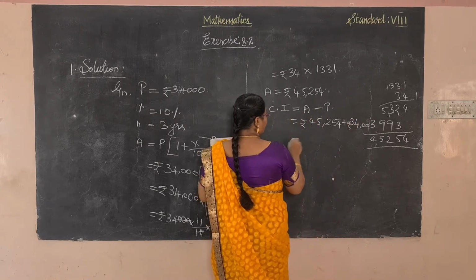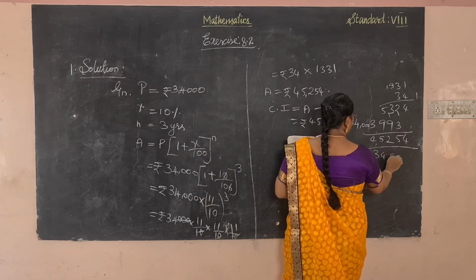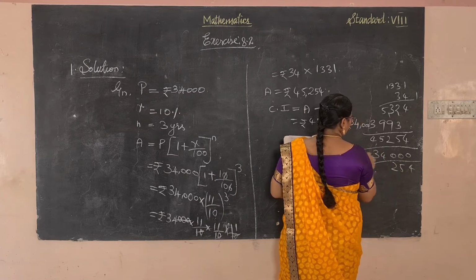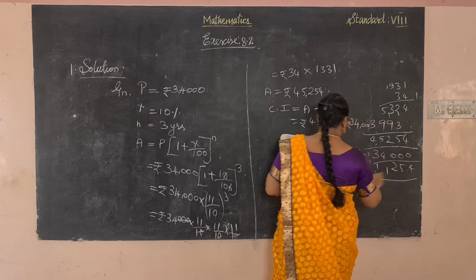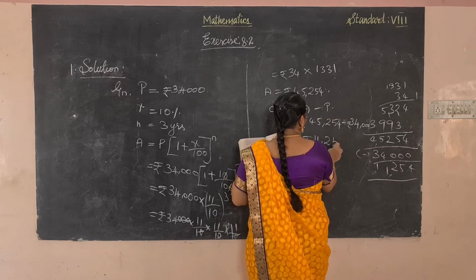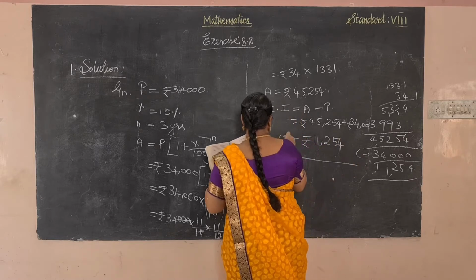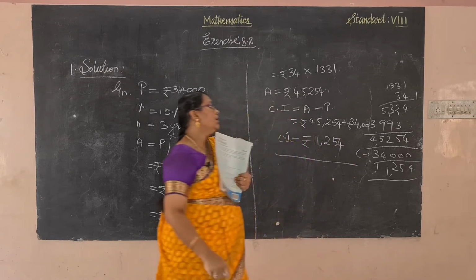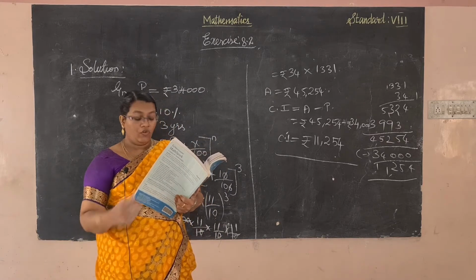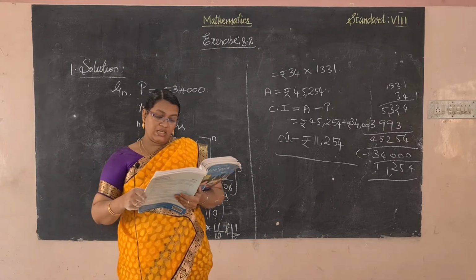So the compound interest is equal to rupees 11,254.